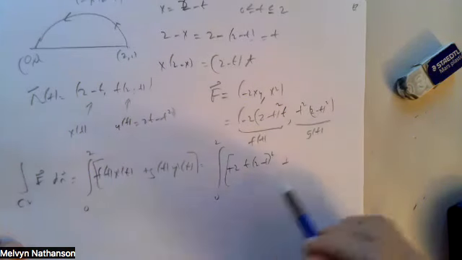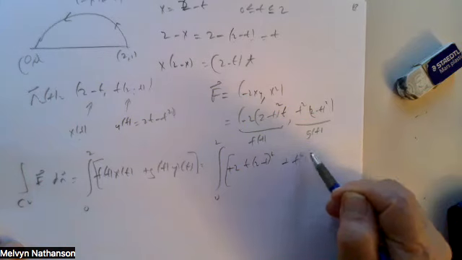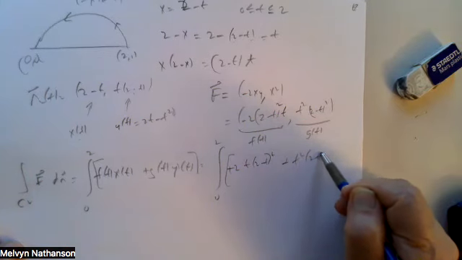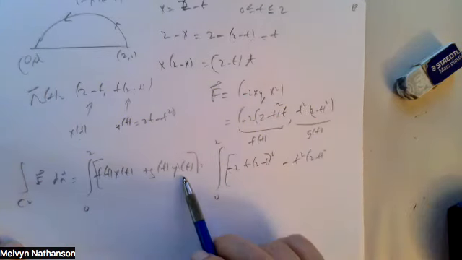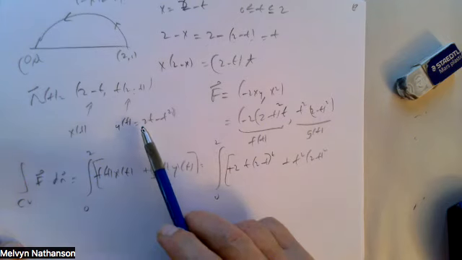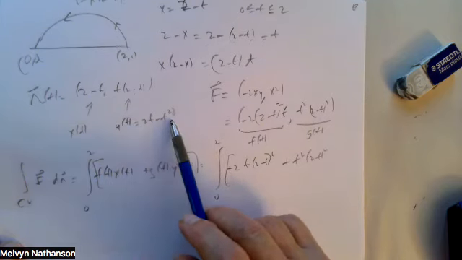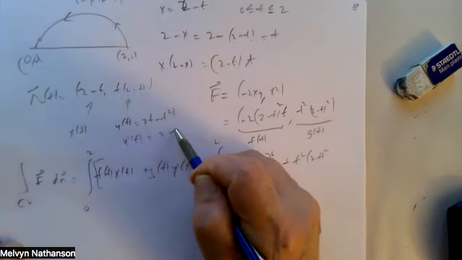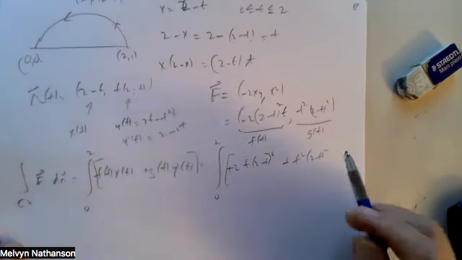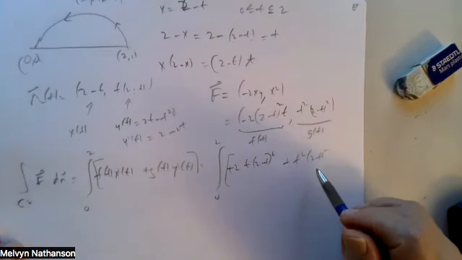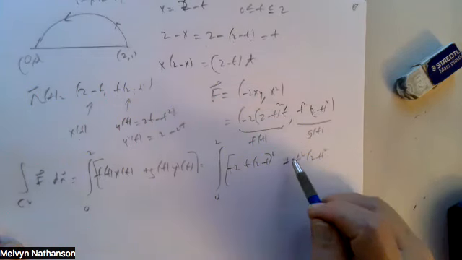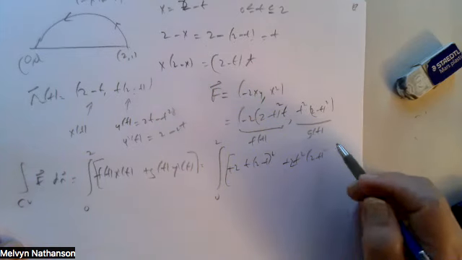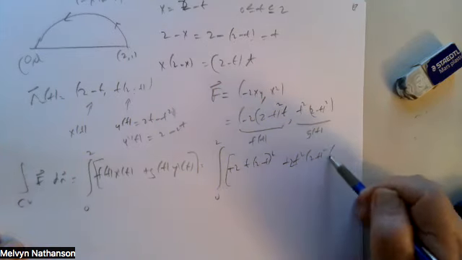Plus g of t, t squared times (2 minus t) squared, times y prime of t. y of t is 2t minus t squared, so y prime of t is 2 times (1 minus t).